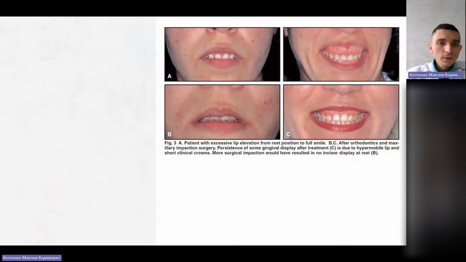Here we can see a patient with excessive lip elevation from rest position to full smile. So we call this a gummy smile. It must not be considered normal.